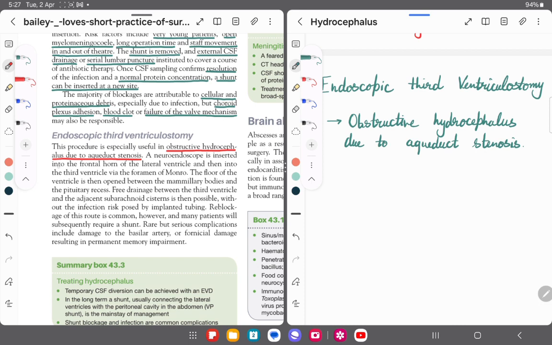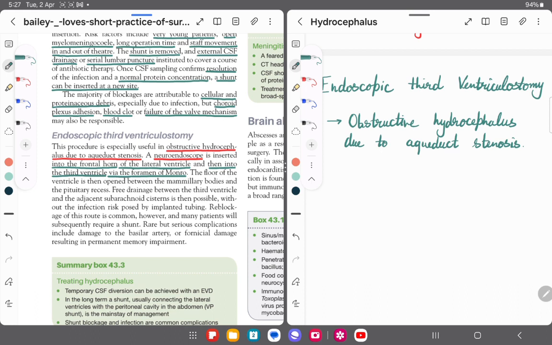A neuroendoscope is inserted into the frontal horn of the lateral ventricle and then into the third ventricle via the foramen of Monro.